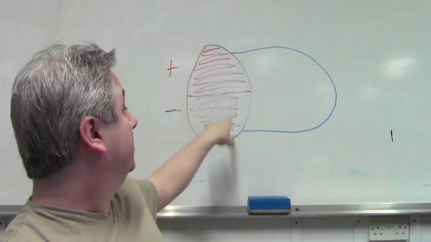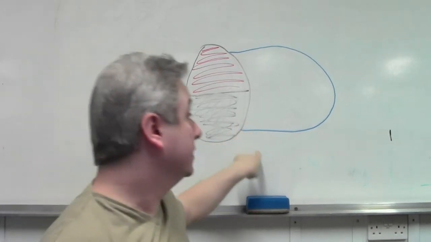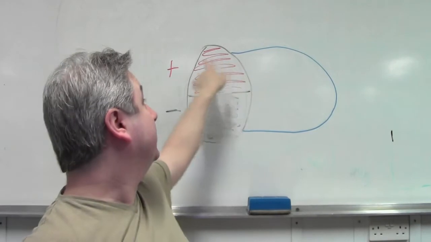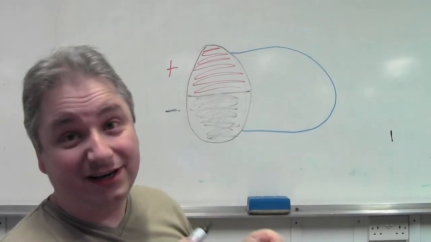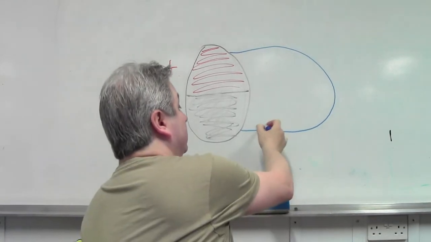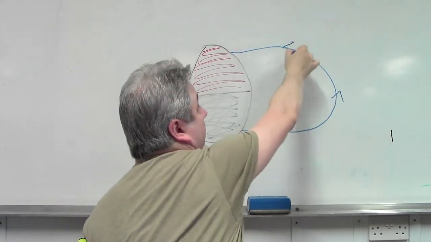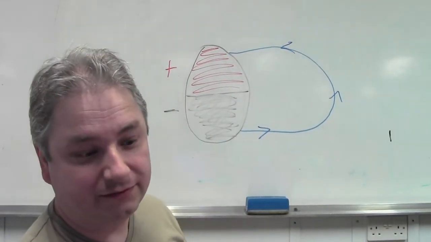That way, all of our electrons that are stored down here flow down our track or down the path and get to the positive. That is basically current flow. So there we go, we've got a current going from negative to positive.